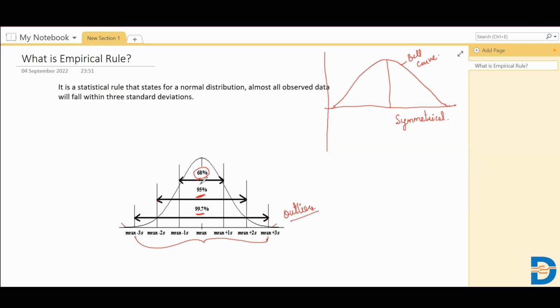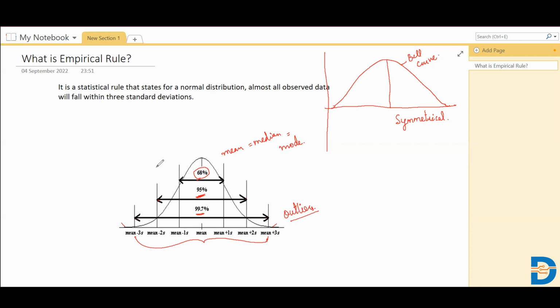When you have a normal distribution, it is easy to do all the statistical analysis and to draw inferences. Here the mean will be equal to the median and equal to the mode.